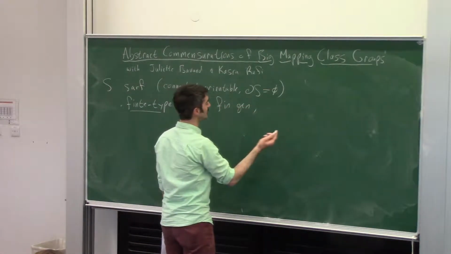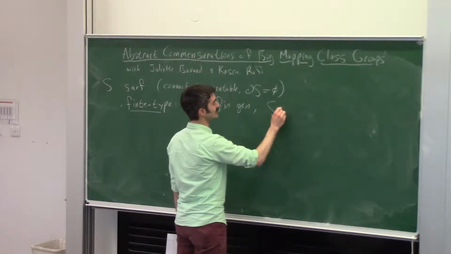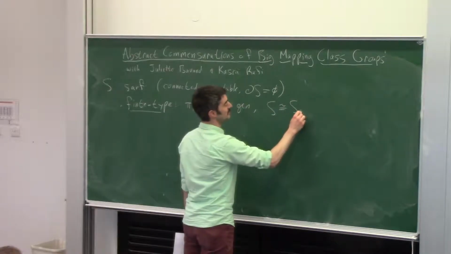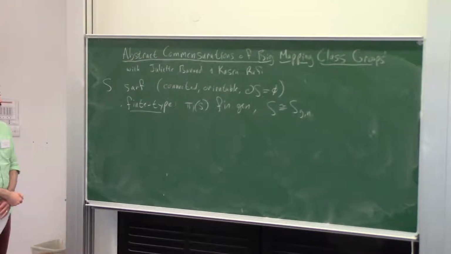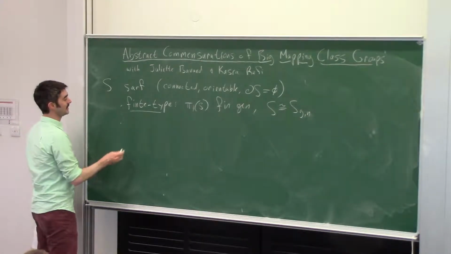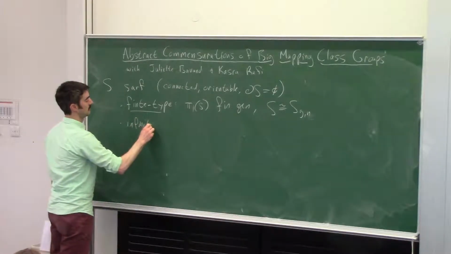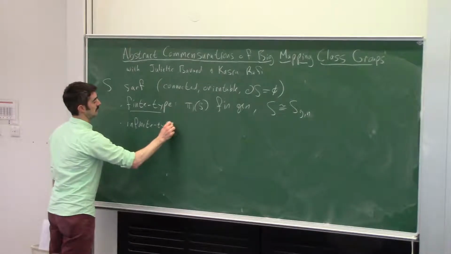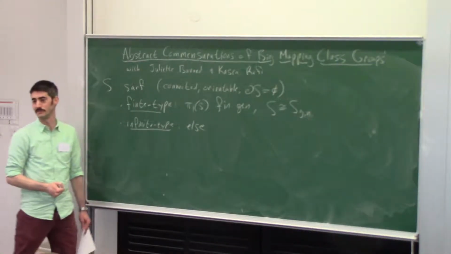In this case, as Rafi was telling us, there's a very nice and simple classification of surfaces. Your surface is determined by the genus and the number of punctures, which are just two non-negative integers. In contrast to that, there's the infinite type case, when the fundamental group is infinitely generated.